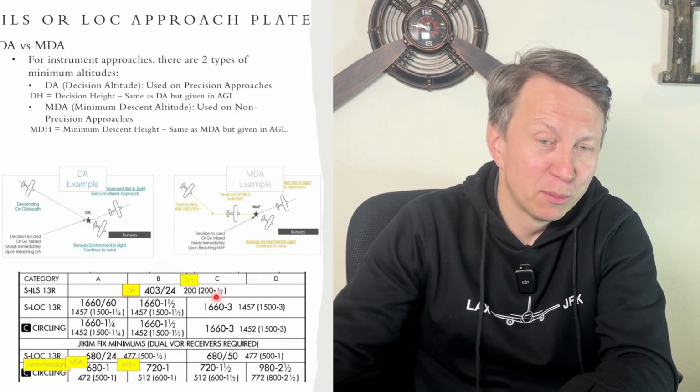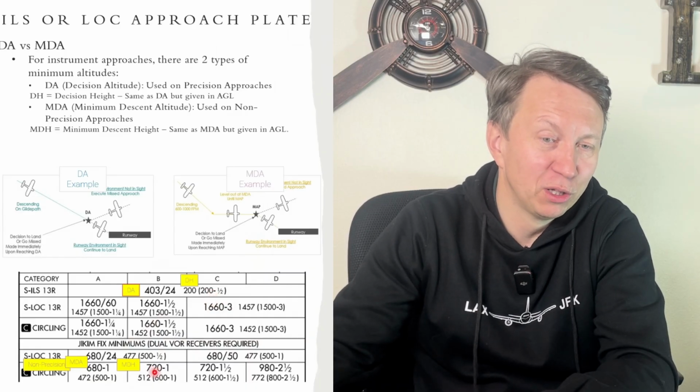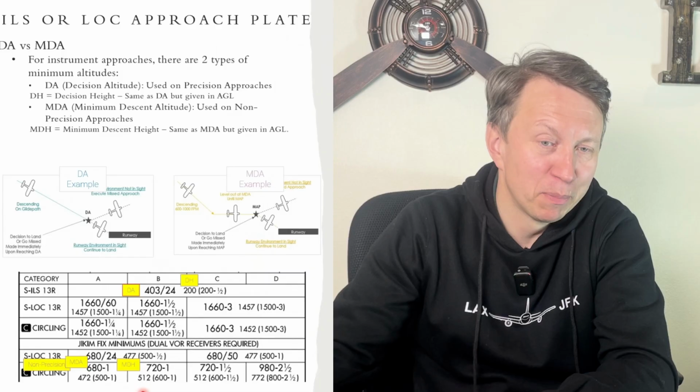Sometimes those numbers may look like they mean something, and you'll probably be asked what they mean. The answer should be, those are not for civil pilot use, and we're not looking at them. So decision altitude is followed by visibility requirements, specifically RVR and decision height.